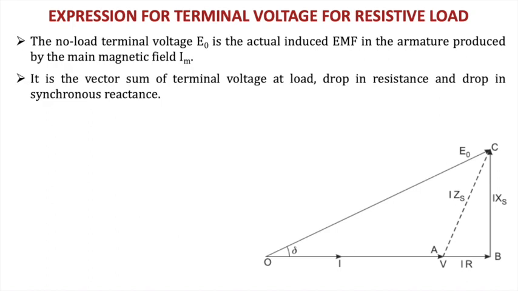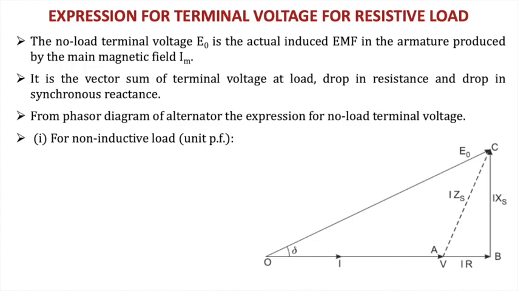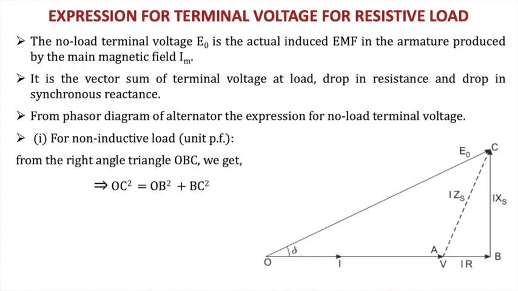Here it is simpler because we have not segregated the synchronous reactance. It's only the no load voltage and the actual voltage on load for a resistive load, because current is in phase with the voltage. So from the right angle triangle, OC square is equal to OB square plus BC square.